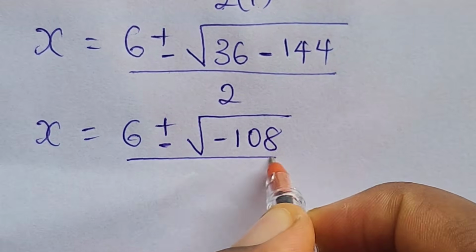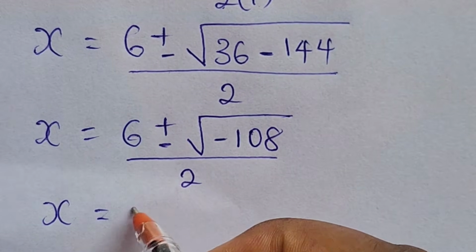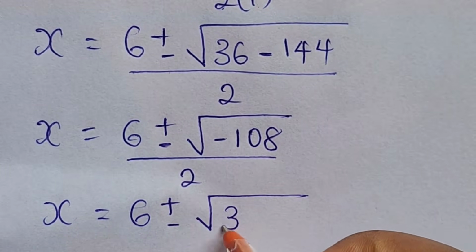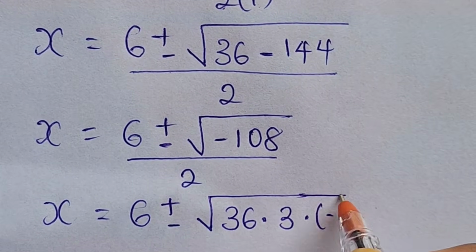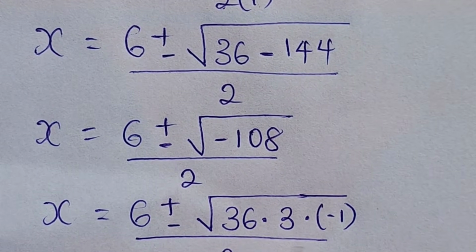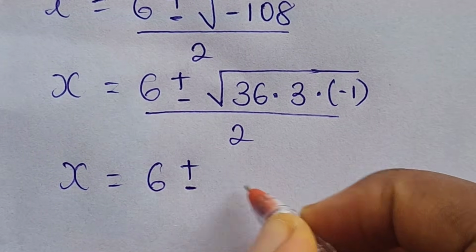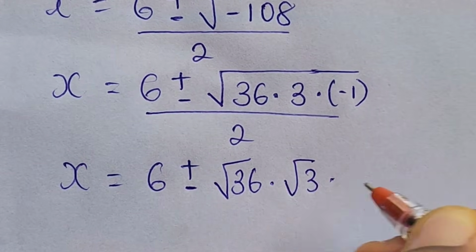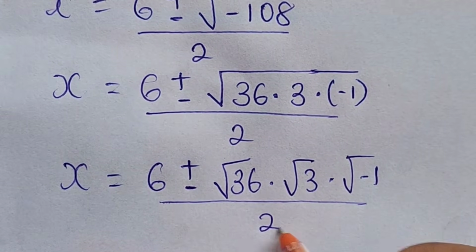So we have x equal to 6 plus or minus root of minus 108 over 2. So our x is equal to 6 plus or minus root of 36 times 3 times minus 1, all over 2. So our x is equal to 6 plus or minus root 36, root 3, and root minus 1, all over 2.